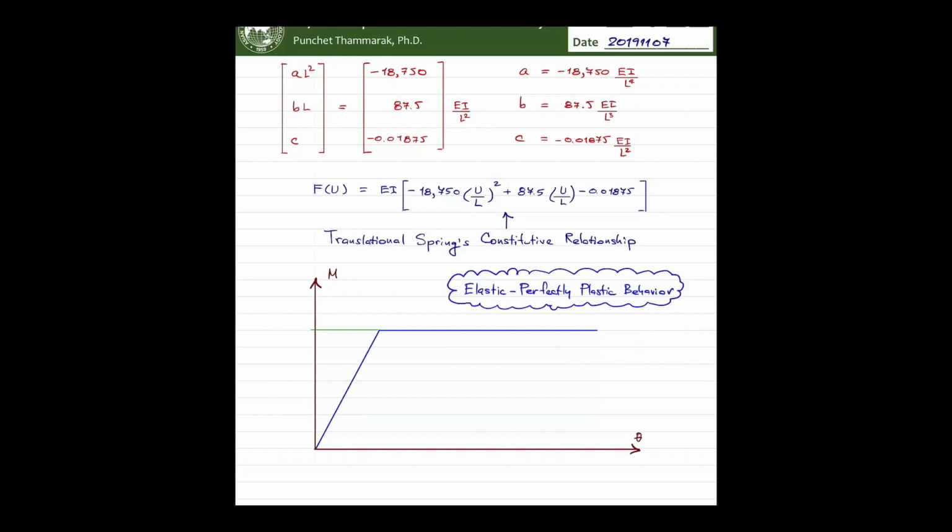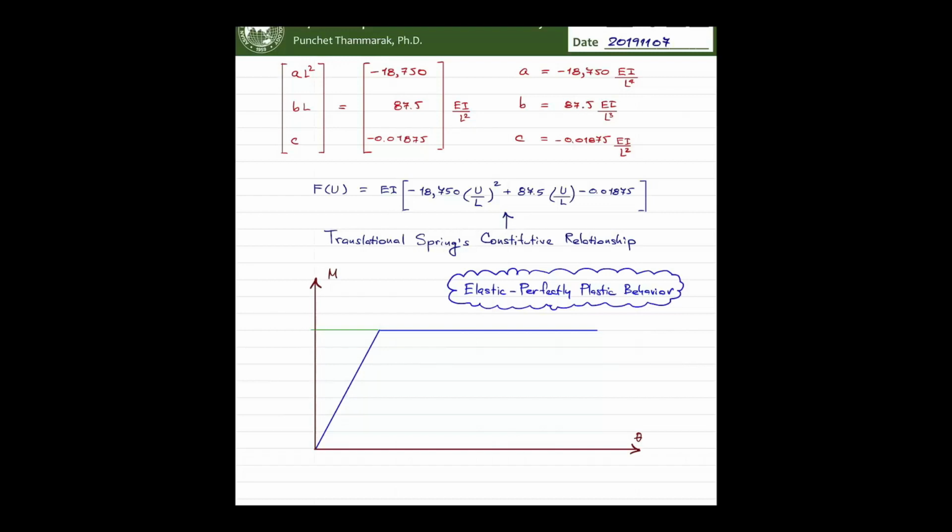If you have the force and displacement, it will behave like elastic perfectly plastic as well. If you get the steel beam, steel cross section, which is like a Y flange, H beam, I flange, under moment, your moment versus rotation is gonna look pretty much like this.